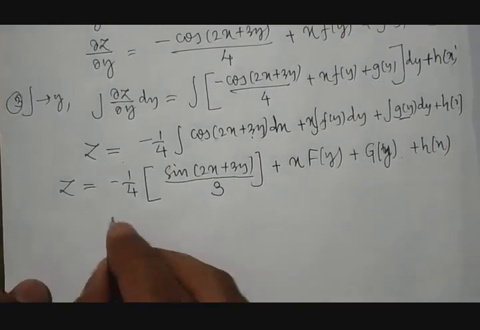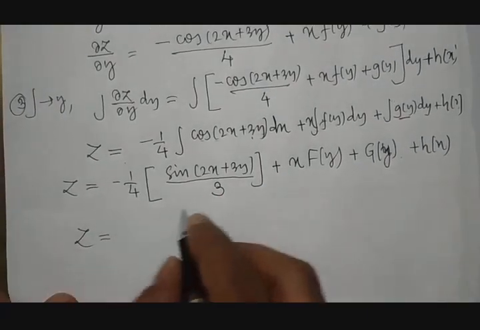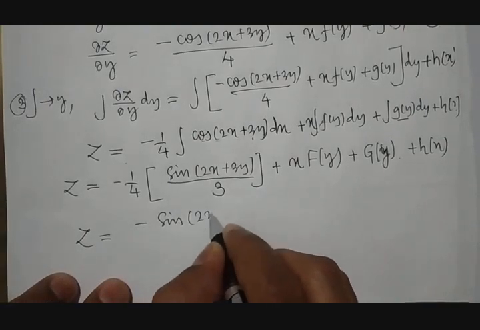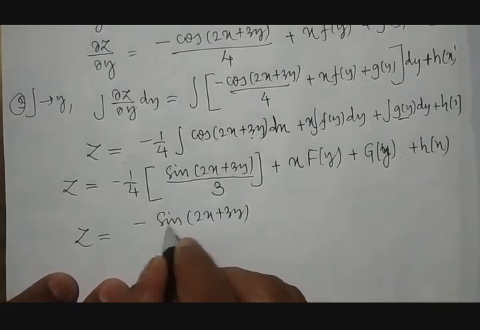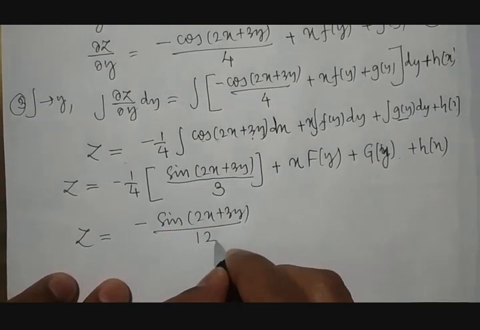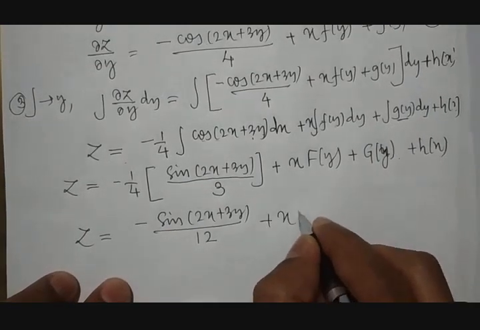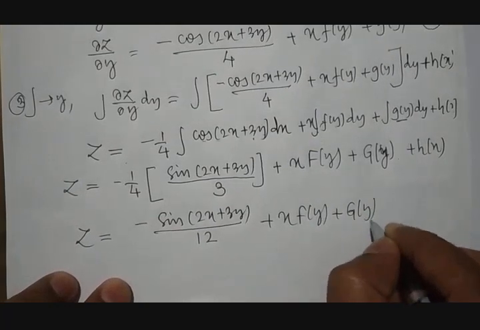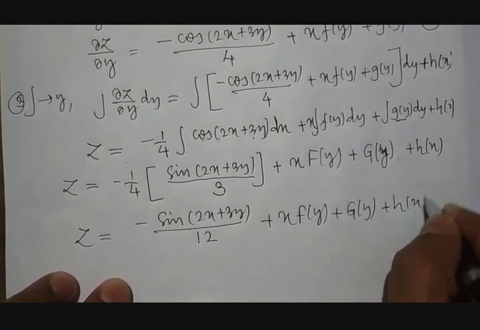Fine. Therefore z is equal to minus sine(2x + 3y) divided by 4 3s are 12, plus x into F of y plus G of y plus h of x.